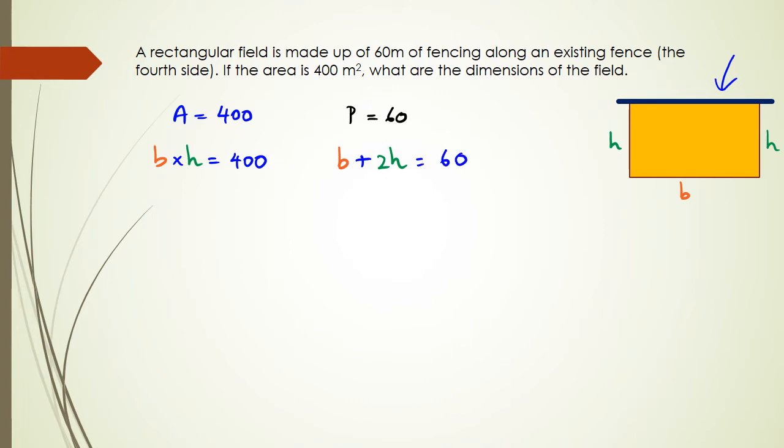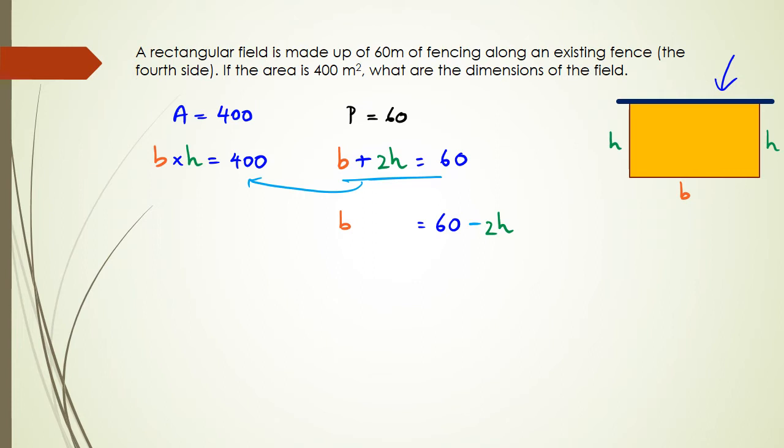Okay, so the next step ideally you want to be doing is you want to actually replace one of these letters. So you want to substitute something from here into this equation, and that's quite easy because we can actually say base could be written as 60 take away 2h. Okay, because when I take 2h to the other side, it's actually going to be negative, so that can be said as 60 minus 2h.